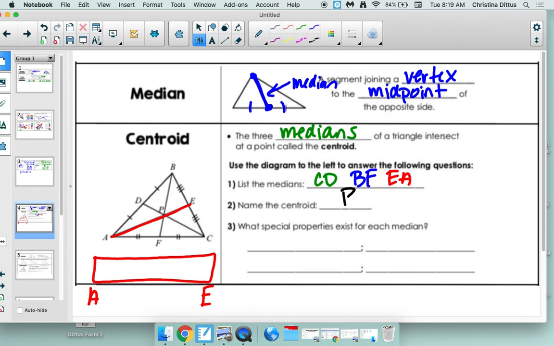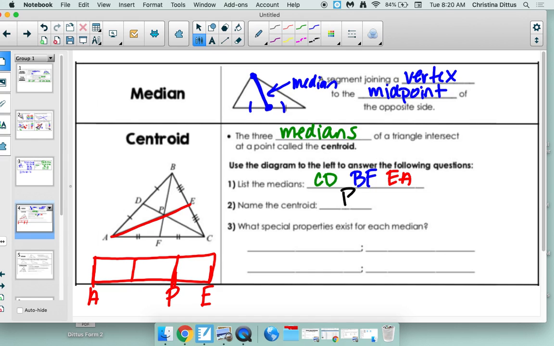And do you think P is halfway in between? No, it doesn't look like half. It's actually thirds. So this is how I show medians. AP is 2/3 the whole length, and PE is 1/3. So from A to P takes up 2 boxes. P to E is 1 box.